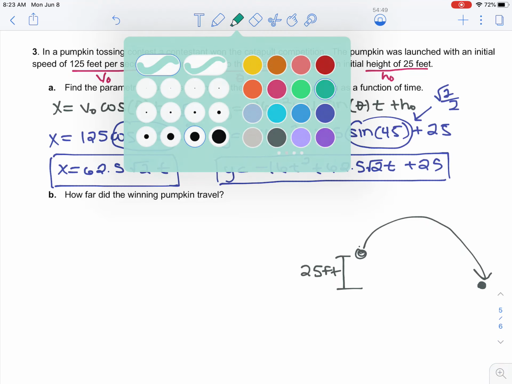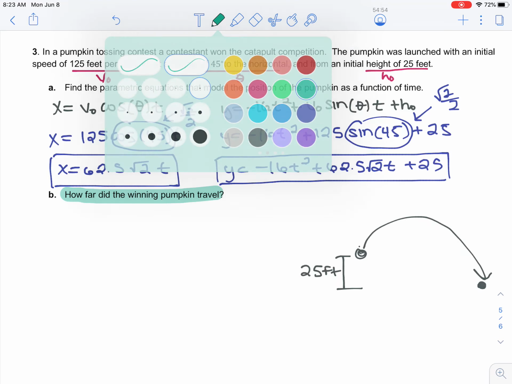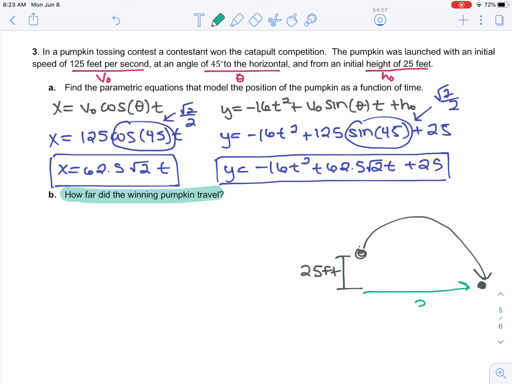When we're asked for how far did the winning pumpkin travel, what we're trying to figure out is how far away is it from the start? So what is that horizontal distance? Okay, so this question translates to, what is x of t when y of t equals 0? What is that horizontal distance once my y of t function has hit 0?